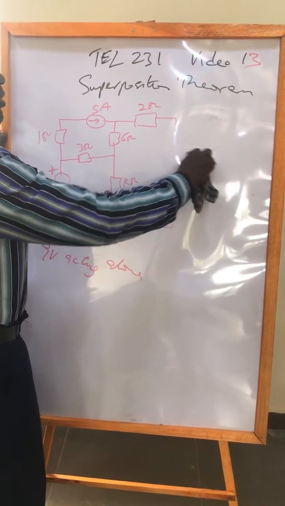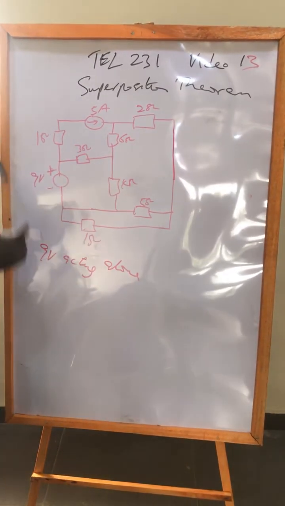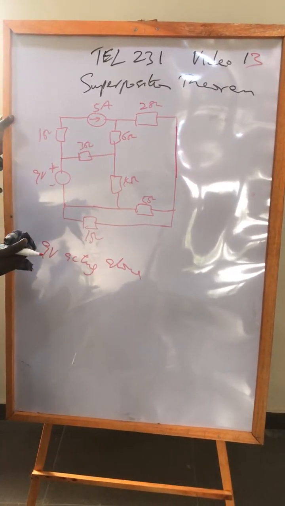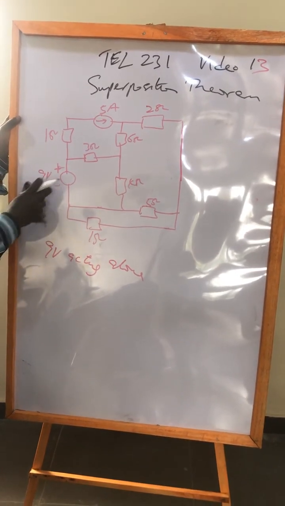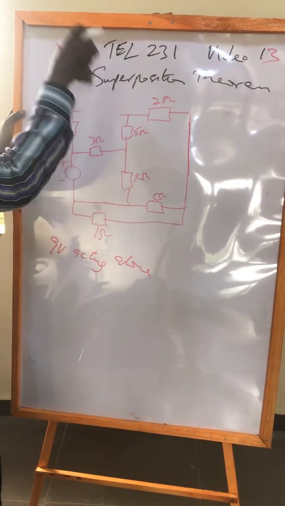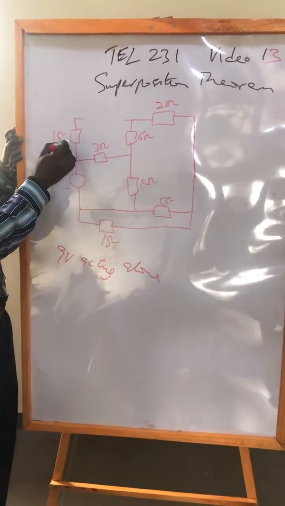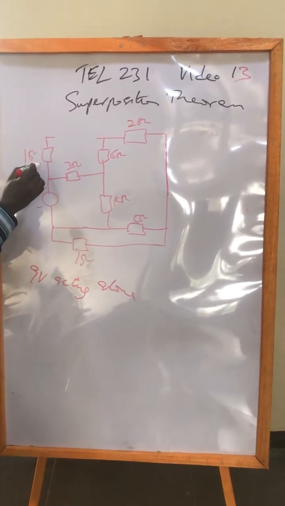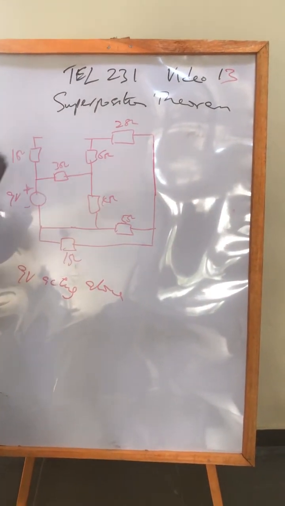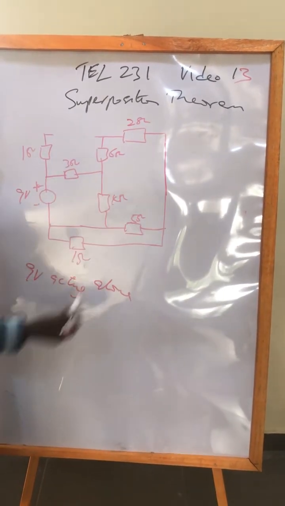It's a voltage source. What do we do to it? We bridge it. This is a current source. It is not acting. We want only 9 volts to act. We are going to open it. When we open it, the implication is that no current will pass through this 1 ohm resistor again, since that is open. But current will still pass through this 2 ohm resistor because this is closed.